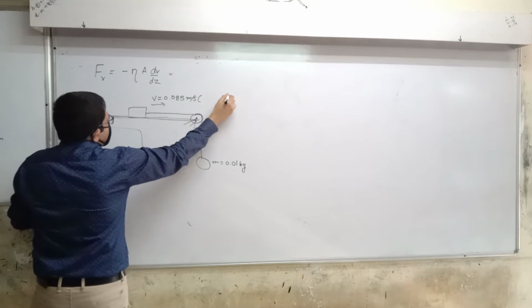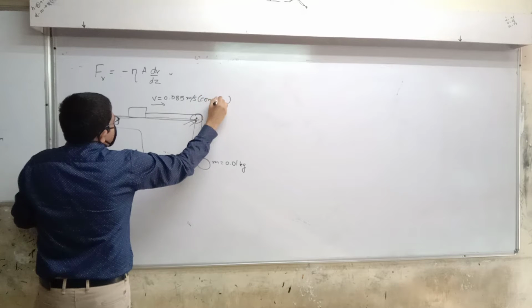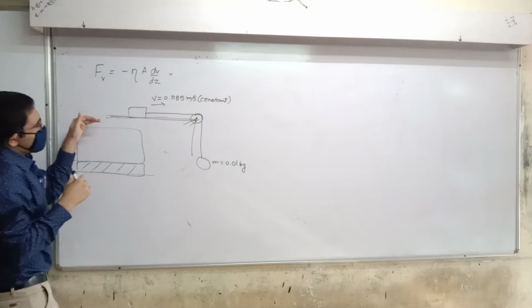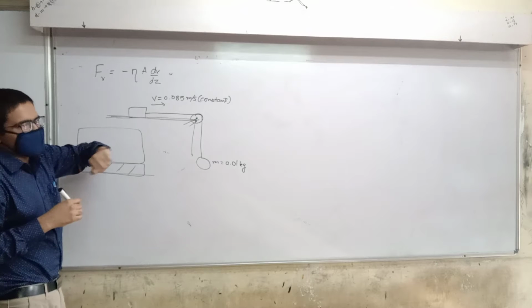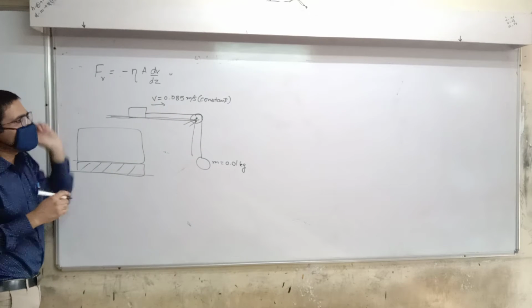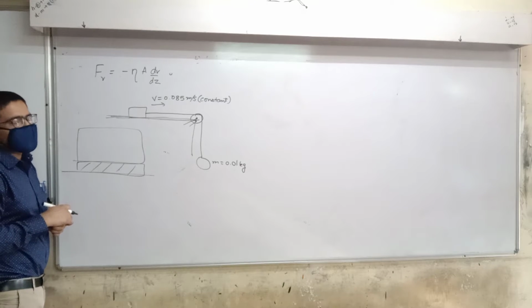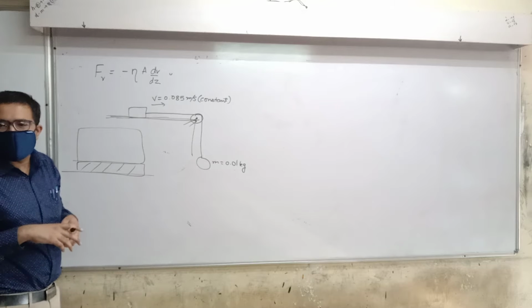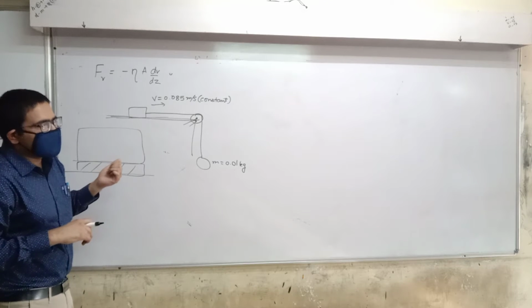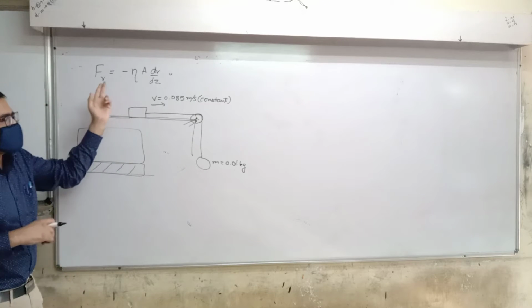And is this constant? Yes. Okay. So this block is moving towards the right side with constant speed, 0.085 meter per second. Now, what next? Find the coefficient of viscosity. What's the symbol? Eta. We have to find eta. Right? This is what we are going to do.